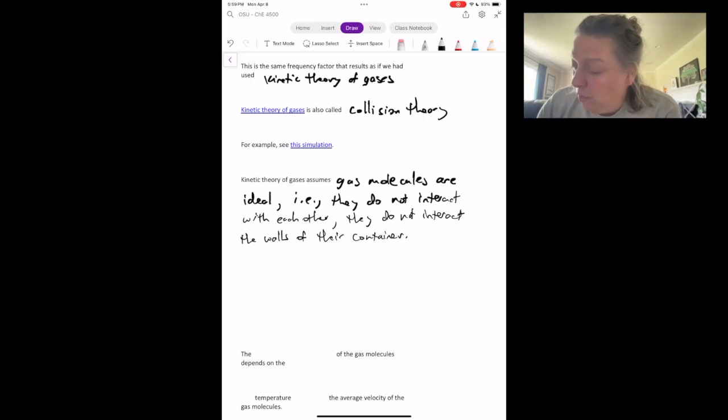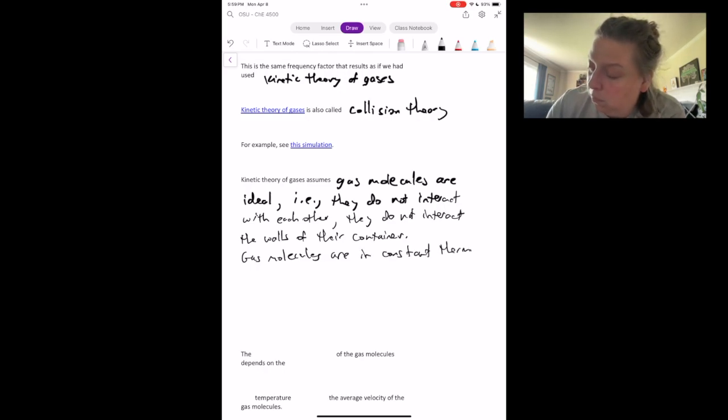It also assumes that gas molecules are in constant thermal motion, and that they obey Newton's laws of motion.